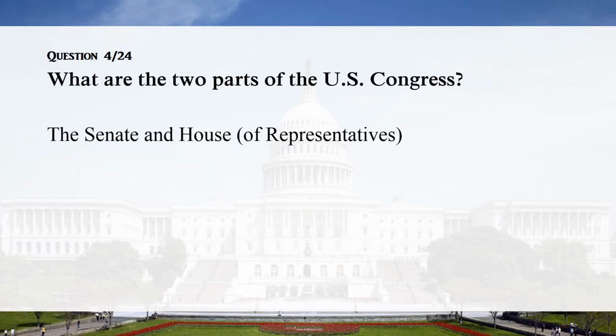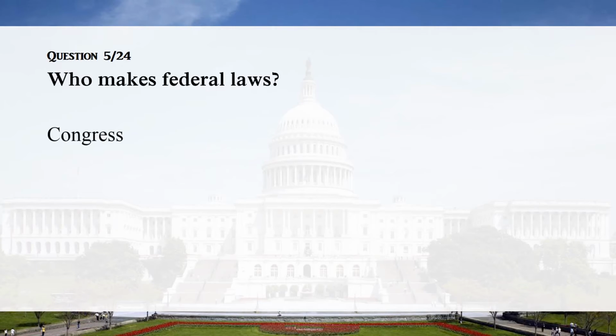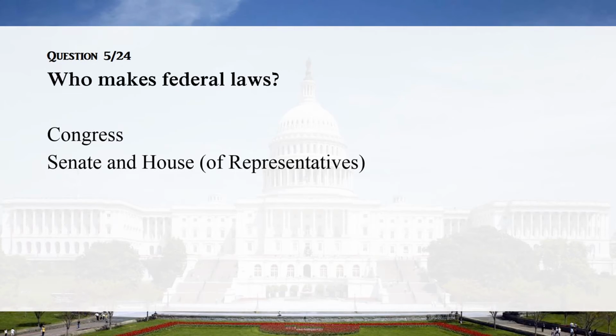The Senate and House of Representatives. Who makes federal laws? You could answer Congress, the Senate and House of Representatives, or the legislature.